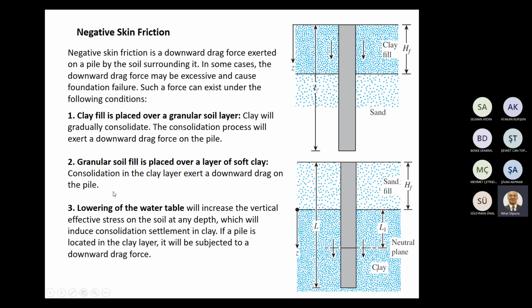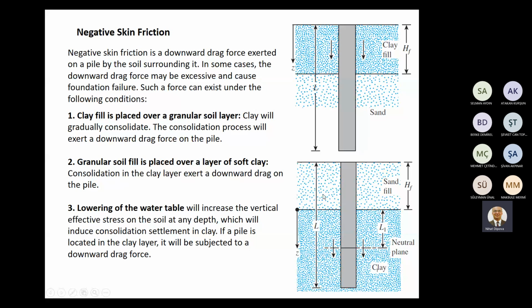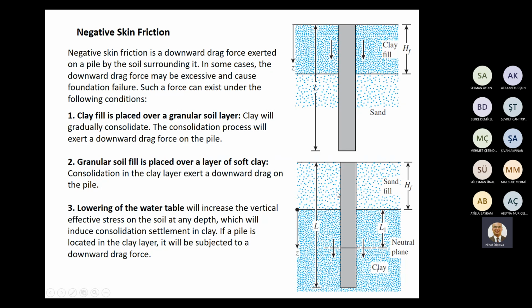The common case is the second case. Granular soil fill, as shown in the figure below, is placed over a layer of soft clay. This is a very common case because on soft soil, generally we apply a granular fill for soil reinforcement, soil improvement, or to increase the surface level.